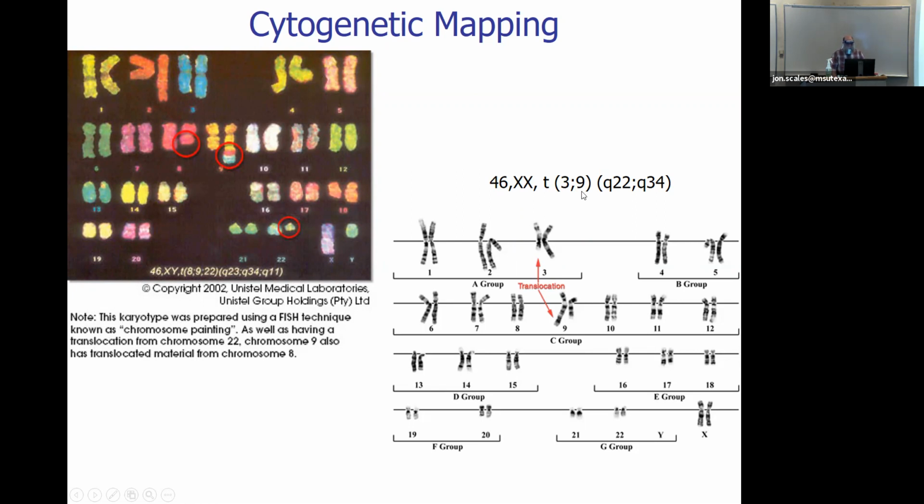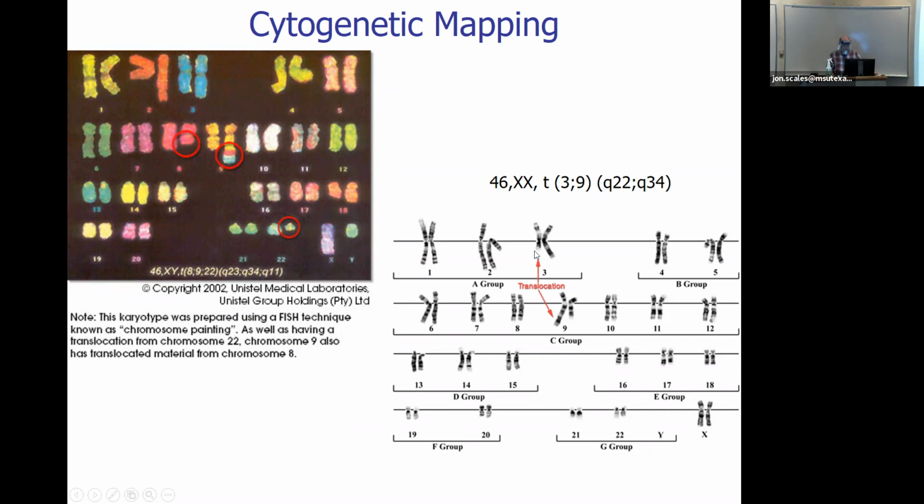And then in parentheses, you put the chromosome that's missing or messed up. So in this case, chromosomes 3 and 9 have rearranged. And if you can tell where it is, you can put the part of 3 that is now on 9.